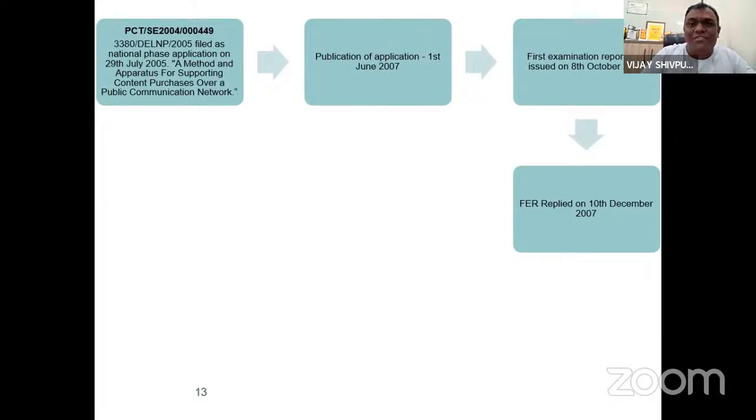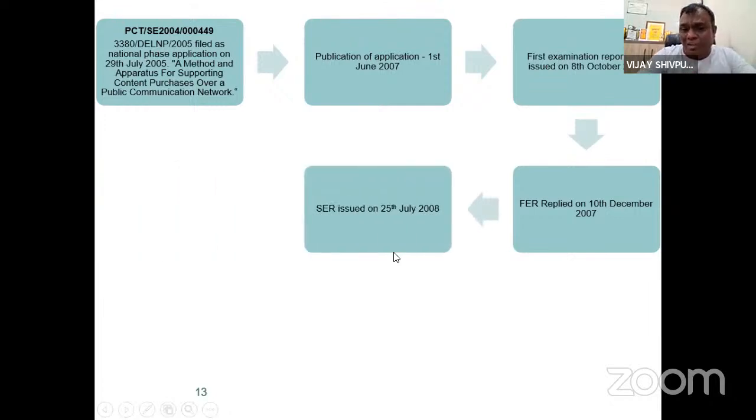After this, everyone expected a hearing, let's say, but what happens in this case? So if you have gone through the rules or the prosecution properly, you would understand that there can be a subsequent examination report as well. In this case, there was a subsequent examination report, just SER, what we call it as.